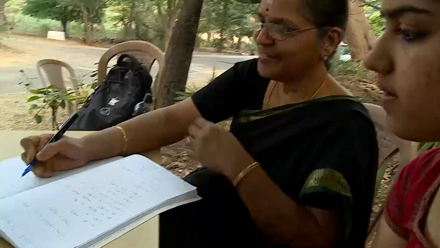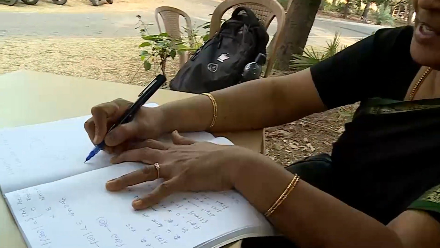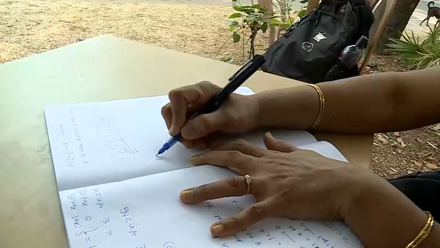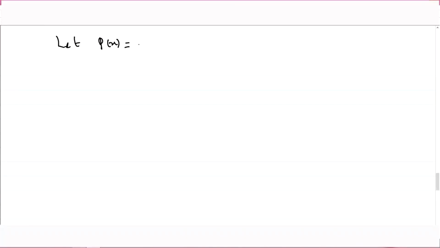Okay, so let us see. Suppose I take a cubic polynomial p(x) with real coefficients given by a3x^3 + a2x^2 + a1x + a0, where a0, a1, a2, a3 are real numbers.